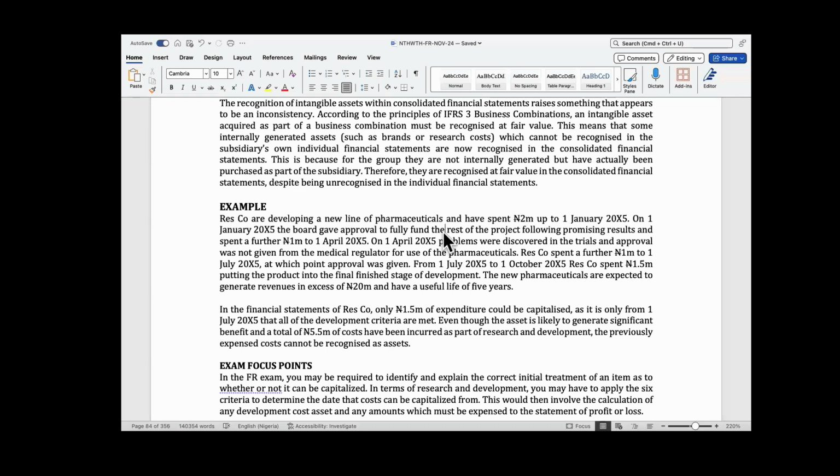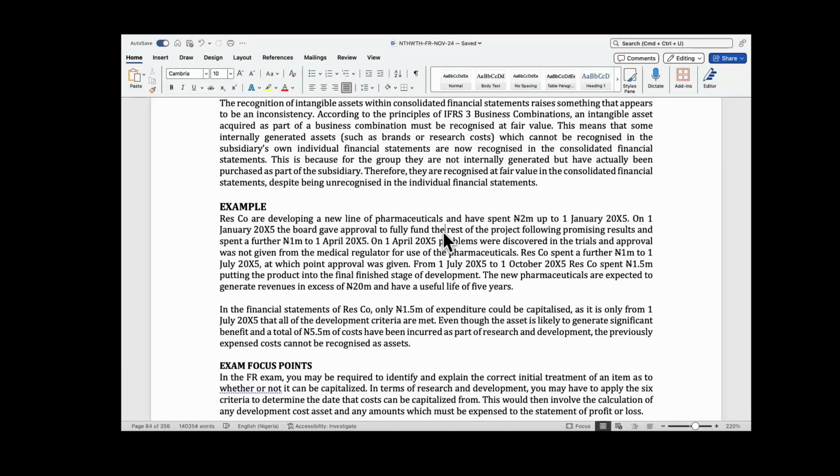But there are discussions going on, because it puts so much pressure on a company that is just starting up. You want them to expense so much money in their first year, because you believe that at that point they have not gotten to a point where we can say this project will be successful.